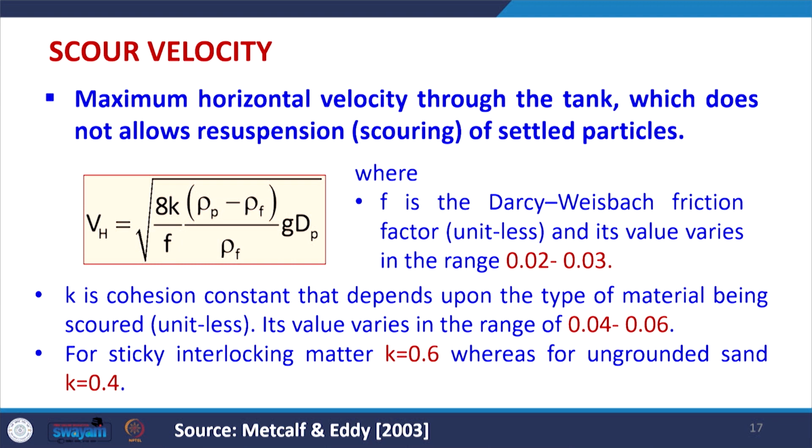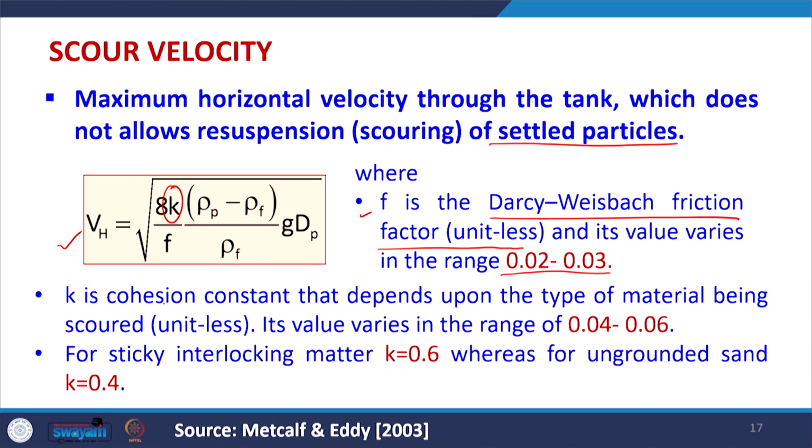Now, another term which is very important in the sedimentation basin is scour velocity. It is the maximum horizontal velocity through the tank which does not allow resuspension or scouring of the settled particles. So, once they are settled down they should not be taken away. For that, the horizontal velocity is given by this equation, where F is the Darcy-Weisbach friction factor. It is unitless and its values vary in the range of 0.02 to 0.03.